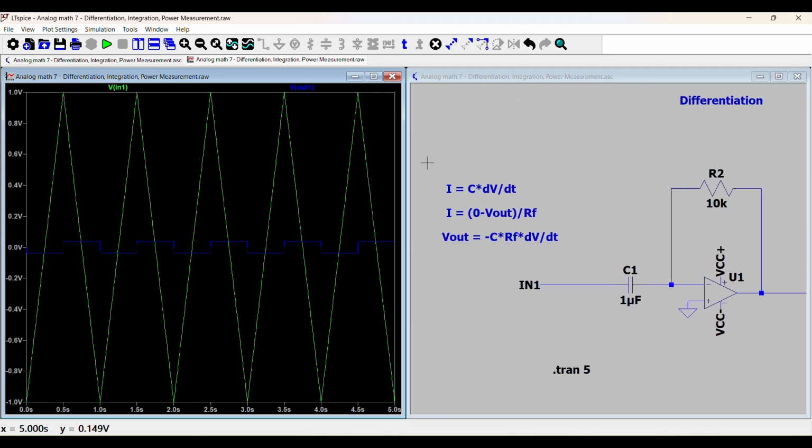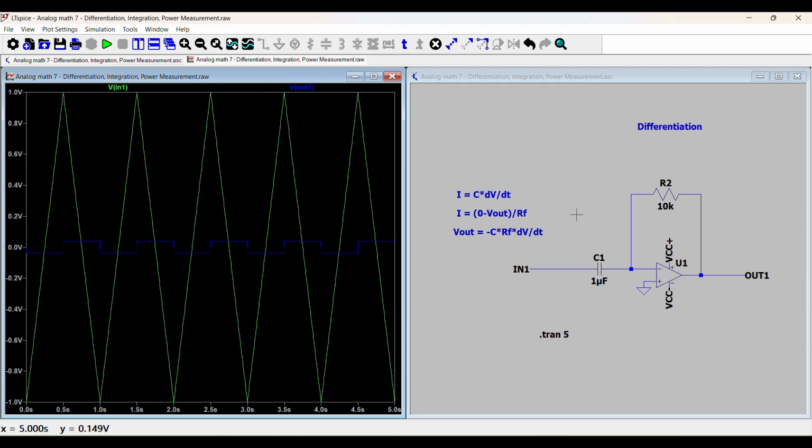So if we look at the equations, what's actually happening in the circuit is that the capacitor is generating a current that's proportional to the change in voltage over change in time, right? So C, capacitance, times dV over dt. And so it's basically a voltage-driven current generator here.